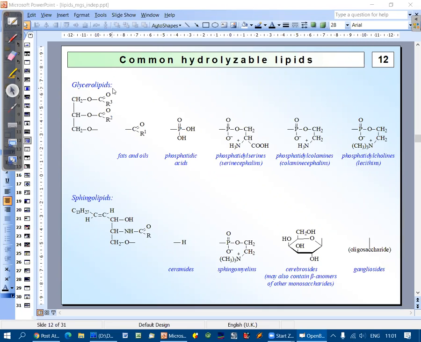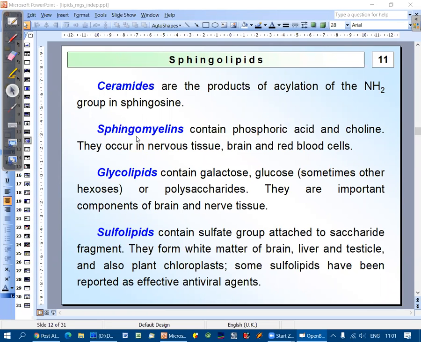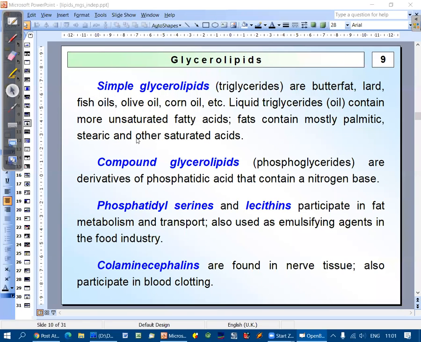But all glycerolipids are esters, and this is the main feature of glycerolipids.